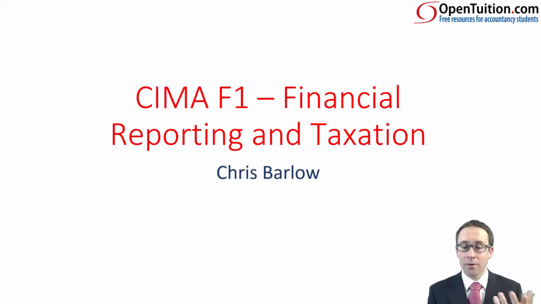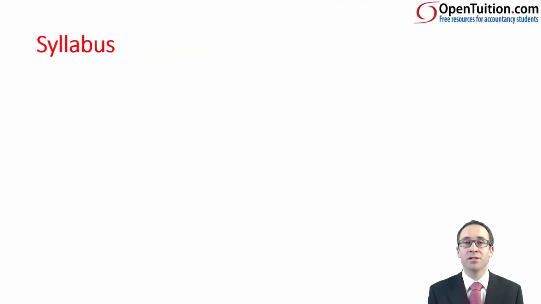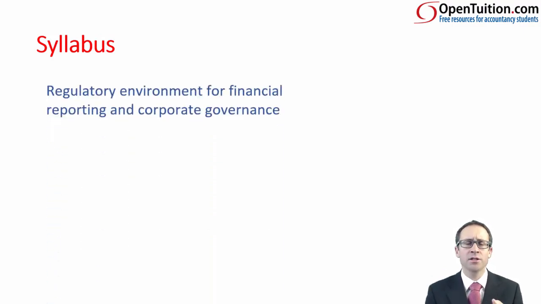Okay, so let's have a look at the various bits and pieces. First of all, let's chat our way through the syllabus. With regards to the syllabus, there are 4 sections. The first section talks about the regulatory environment for financial reporting and corporate governance. I think we've got 3 chapters to go through.